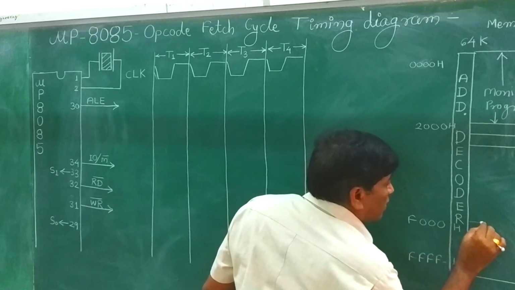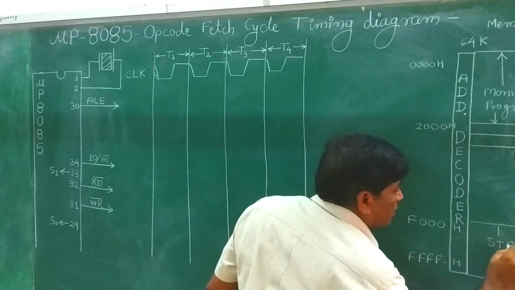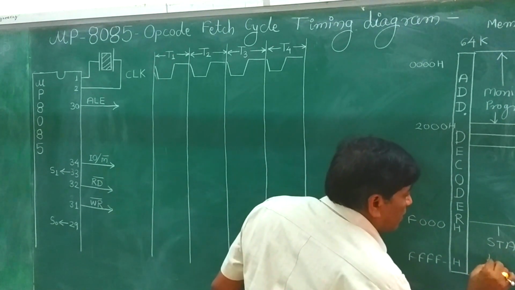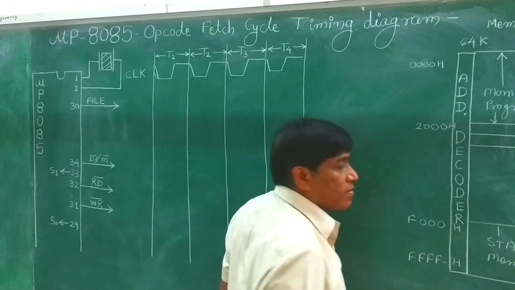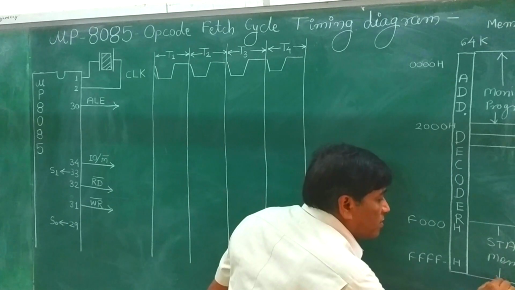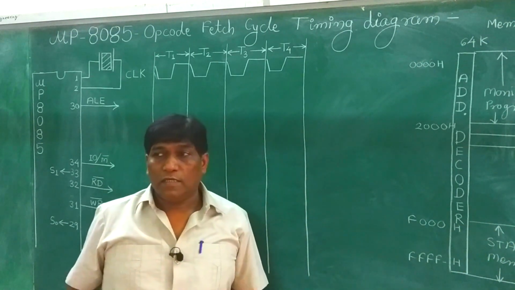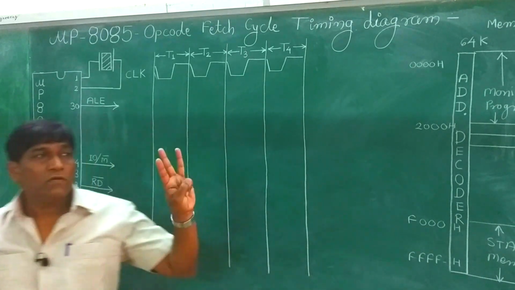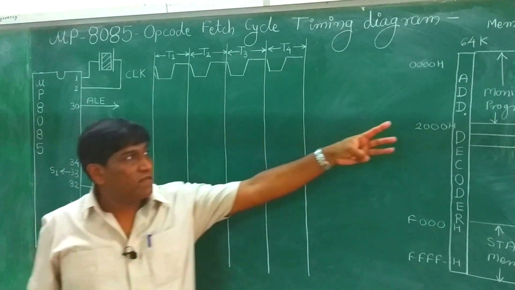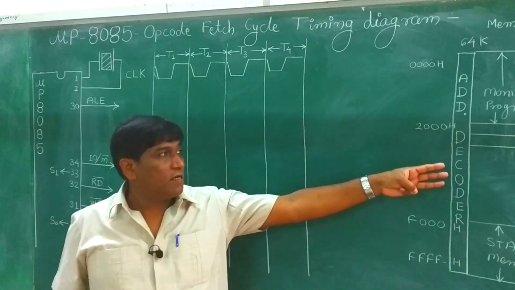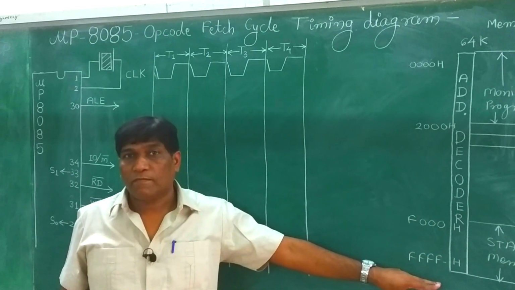This is the user area. And after that we are having stack memory. Which means the memory of the microprocessor is divided into three portions. One portion is, as we have explained, the monitor program, second portion is user, and third portion is stack memory.